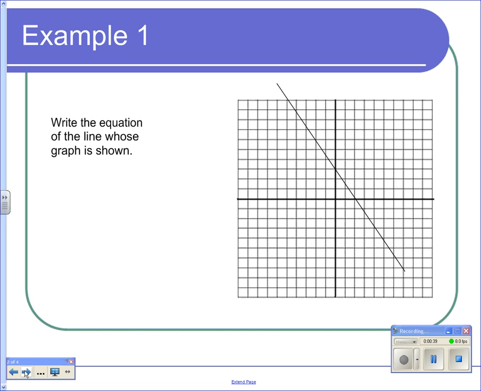If you want to graph that for your notes, you can. You do not have to. Okay? What we're looking at is taking the line that they give us and finding the equation of it.